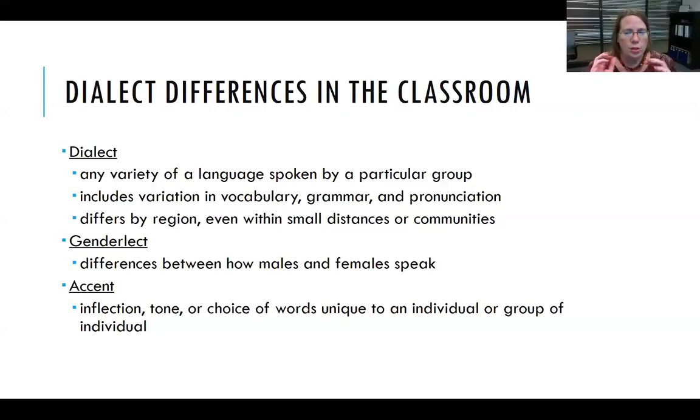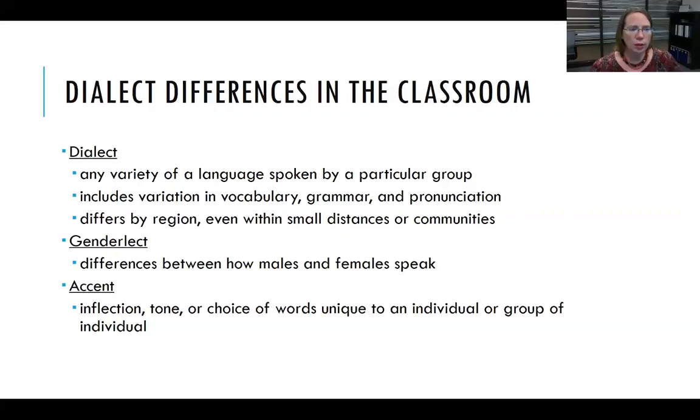However, if we just accept it completely, what we leave open for children with, well, let's just use Southern dialect, for example, we leave open a perception on the part of people that they will meet that they are not bright or they're not intelligent.